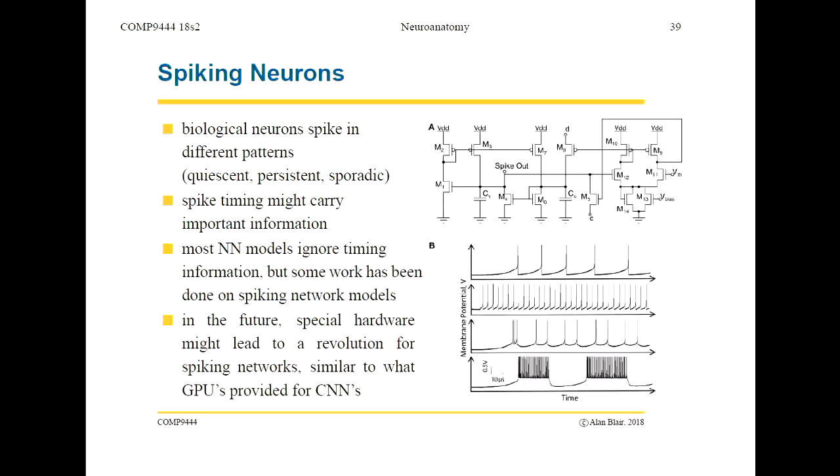So there's some work these days where people try to make more realistic models of neurons that retain this spiking pattern. But so far, people aren't quite clear how to train these models. This is something that might be important in the future.